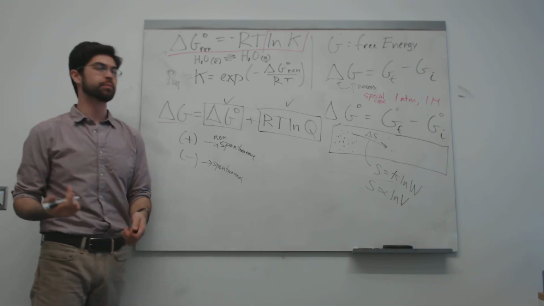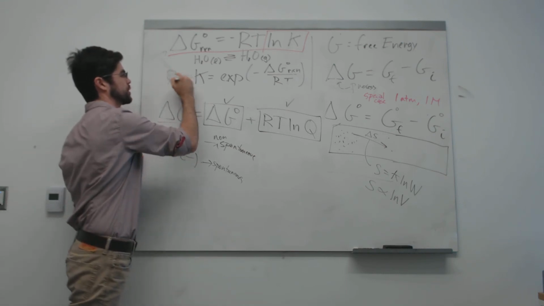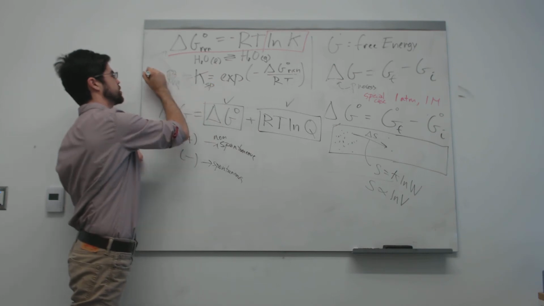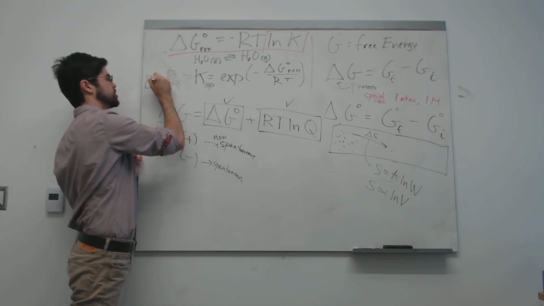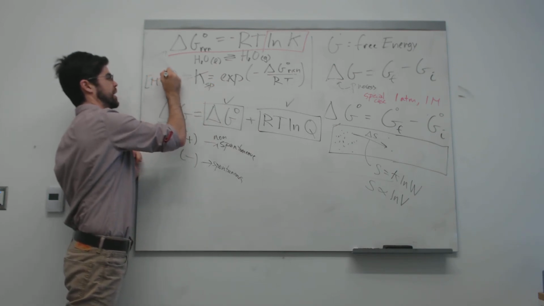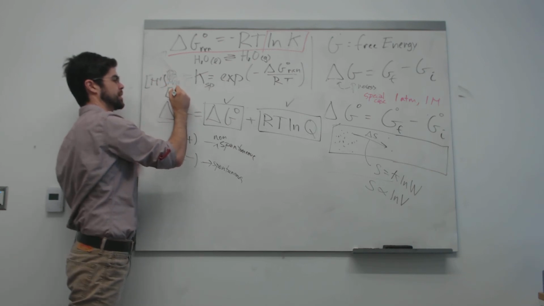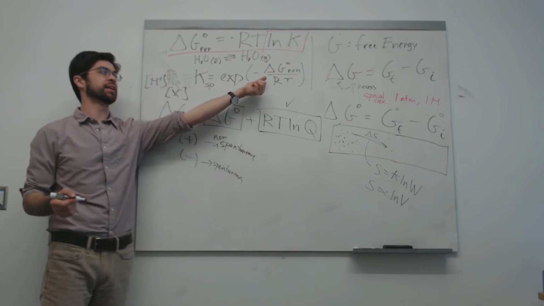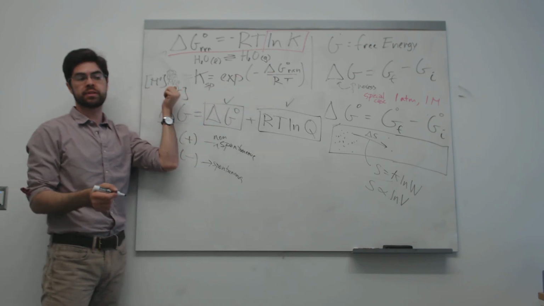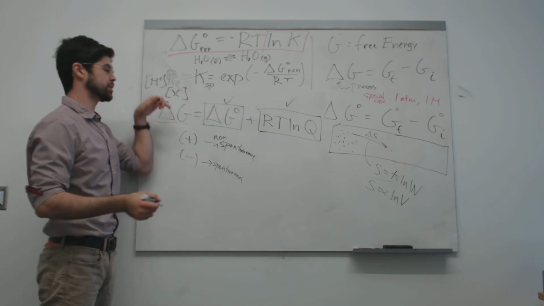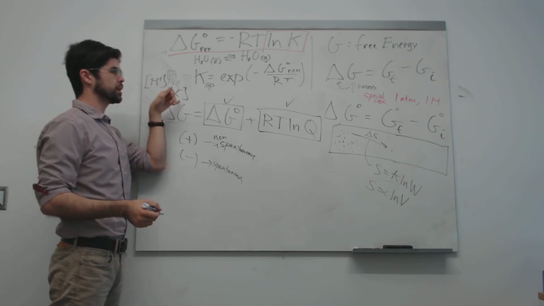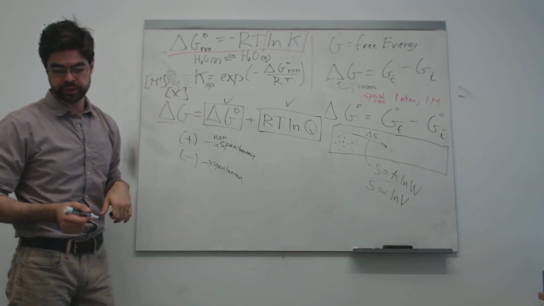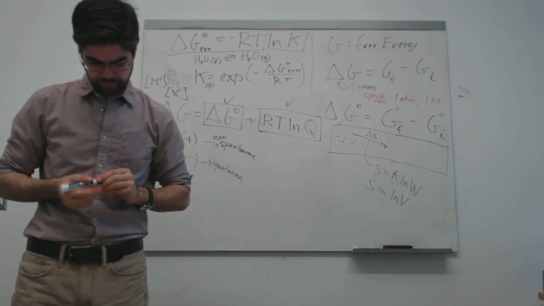If I'm looking at a solubility problem, then what I'm really looking at here is a KSP, and it should be equal to the concentrations of my metal cation and my non-metal anion, whatever they happen to be. Then it's going to be relating the free energy change for the solubility of this metal salt, dissociating and turning into its constituent ions.